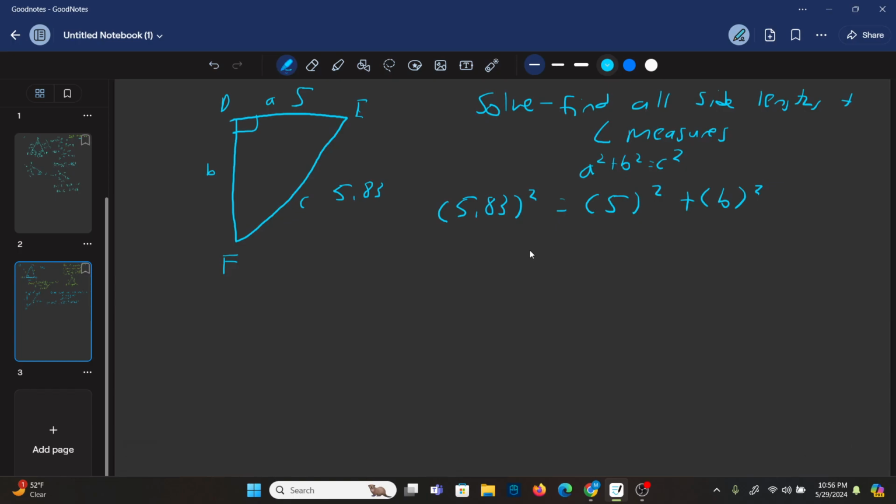We write that into a calculator and get 33, actually you can just round that, 34 equals 25 plus B squared. Subtract 25 from both sides, and we get 9 equals B squared. We take the square root, and B equals 3.